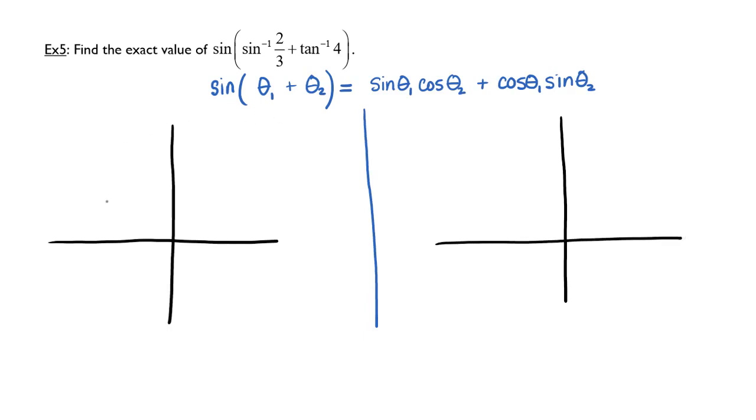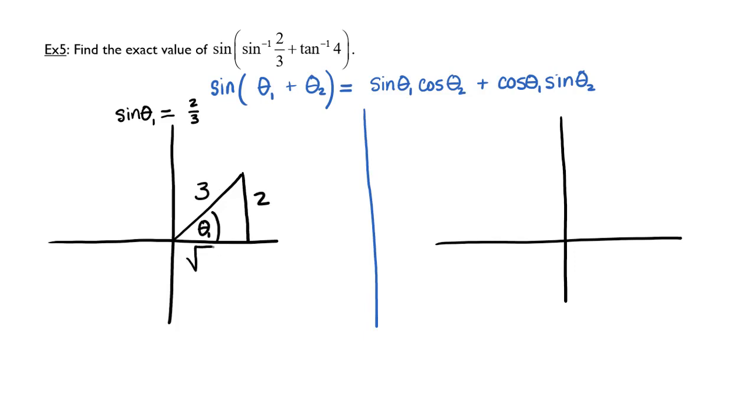If I want to find sine of theta sub 1 equaling 2 over 3, then I can sketch my triangle with theta sub 1 here, and sine is opposite over hypotenuse. So 2 is my opposite, 3 is my hypotenuse.